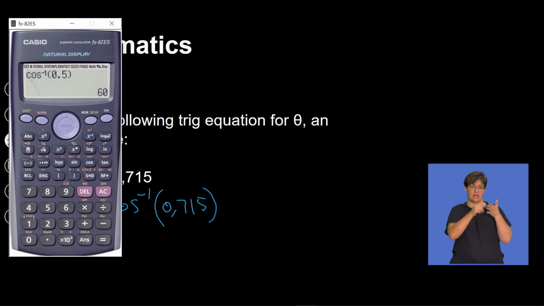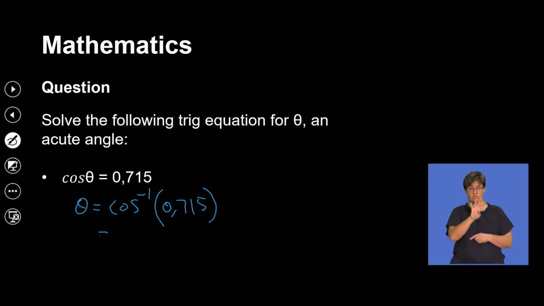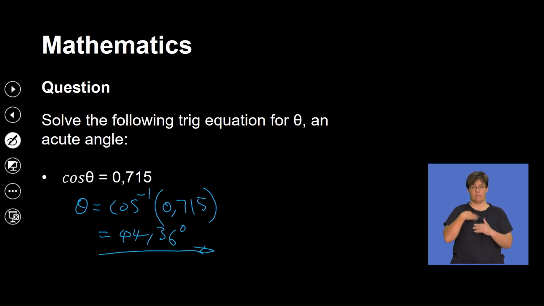So I'm going to go back to my calculator, shift cos 0,715, close the bracket, and that will give me 44,36 degrees. So that will be the angle that I have there.